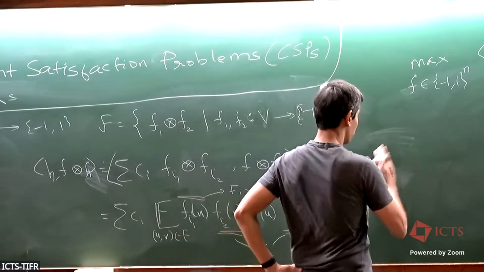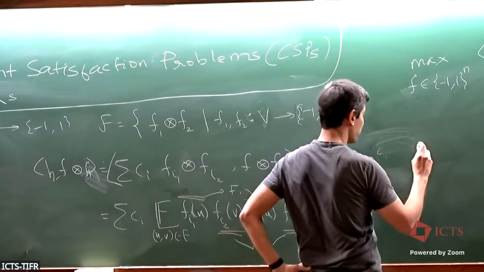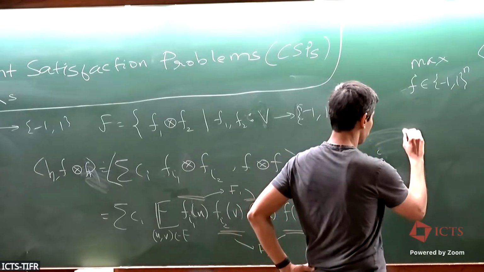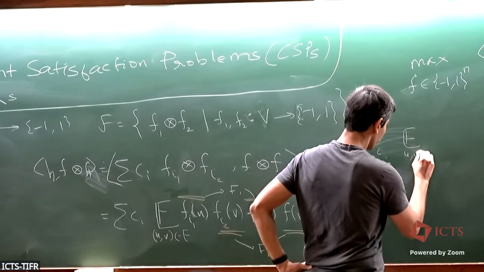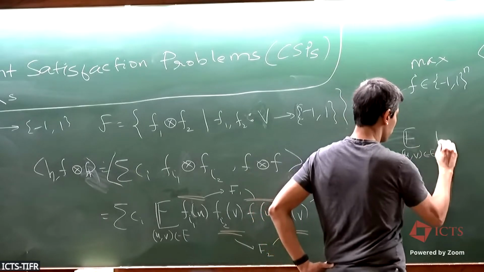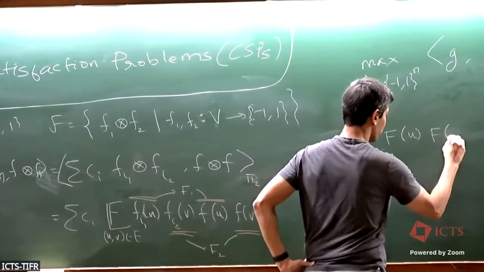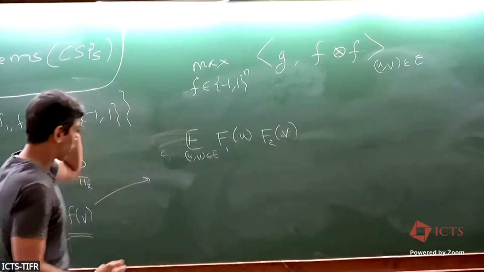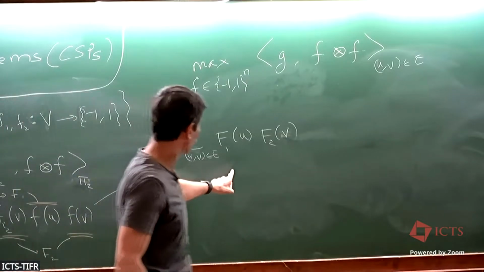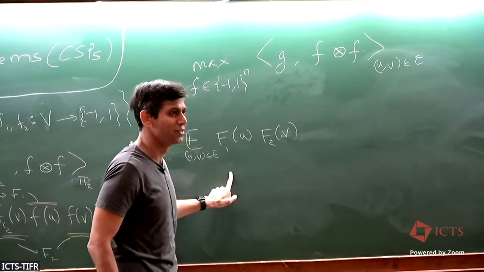Let me not sum over the c_i for now because I'll need indices for the big ones. But it's just an expression of the form expectation over uv of big F1 of u, big F2 of v. Does this remind you of something? Excellent.